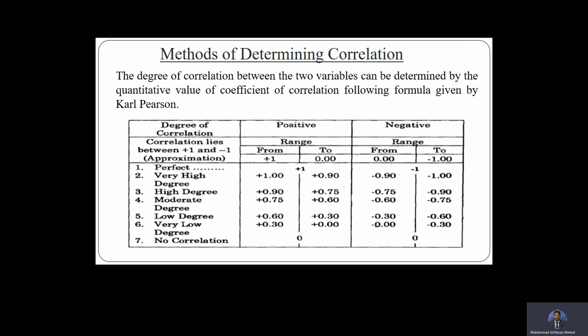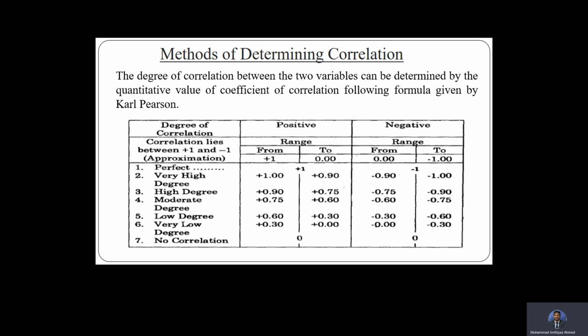Okay. Now, if the answer is coming to positive 0.90 to positive 0.75, high degree, it means the second category. Same way you see here, 0.75 minus here, minus 0.90, high degree negative correlation if it is minus.